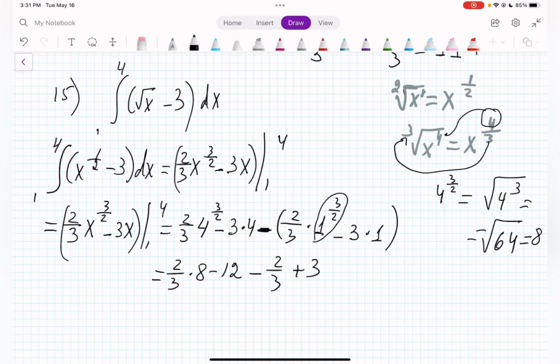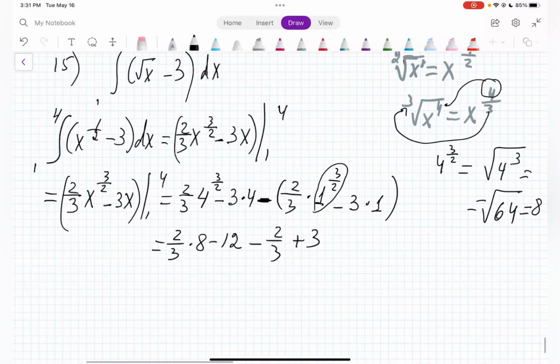Okay, well, let's combine now like terms, see what we're going to get. So 2 times 8, I'm getting 16 over 3 minus 12 minus 2 over 3 and plus 3. This is going to be equal. Look, 16 over 3 and minus 2 over 3.